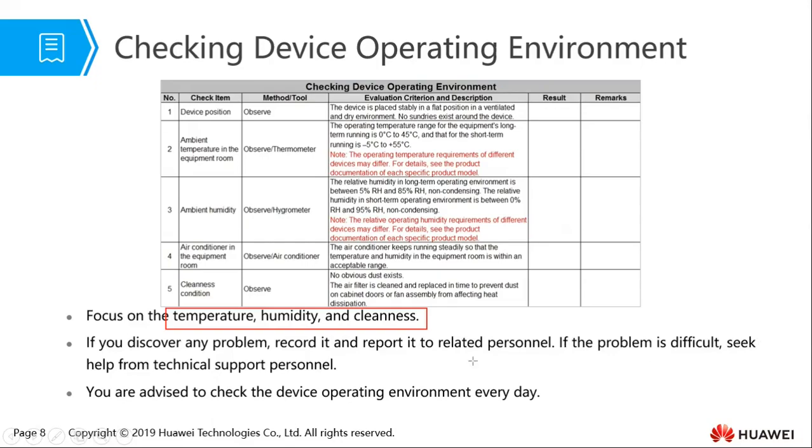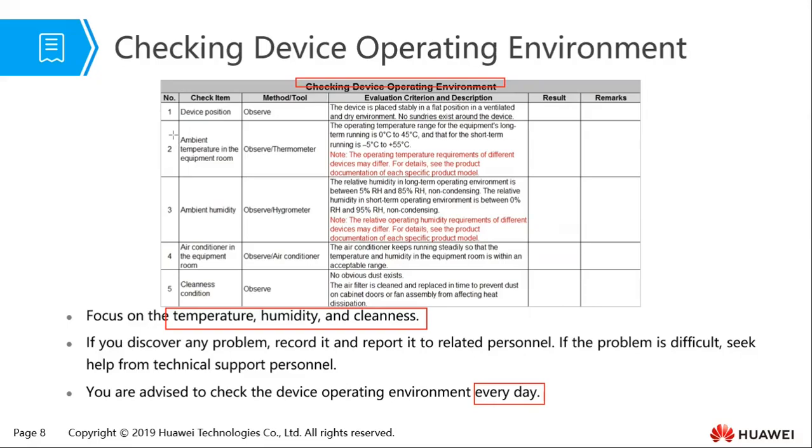If the problem is difficult, you need to seek help from technical support personnel. You're advised to check the device operating environment every day. So that's why we said that for routine maintenance, you don't need a highly skilled person. So this is a template for checking the operating environment.